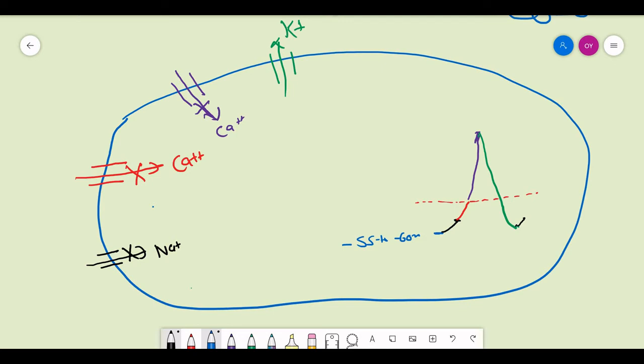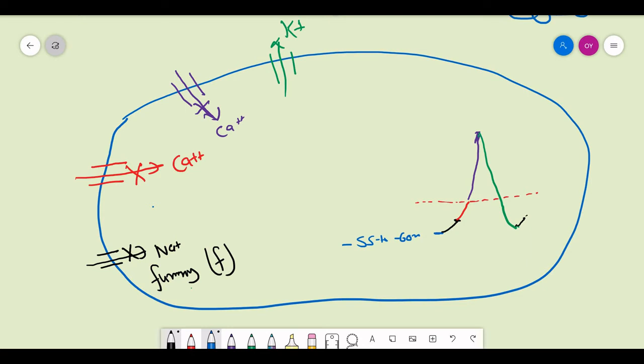Normally sodium channels open at depolarization, but here it opens at hyperpolarization. So they named it the funny sodium channel, also called the F-type sodium channel. So this black sodium channel which opens at the end of the action potential is the F-type or funny sodium channel.